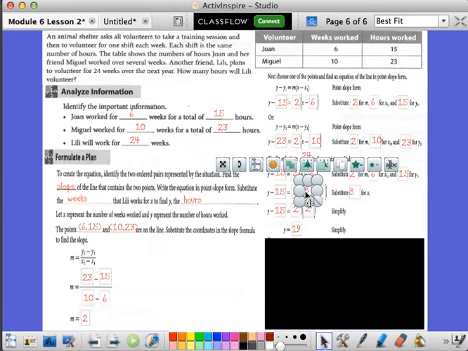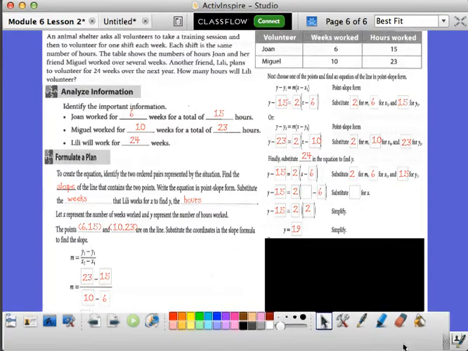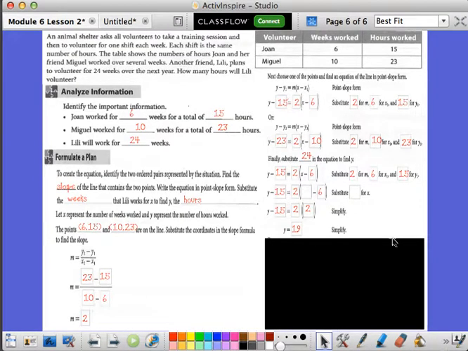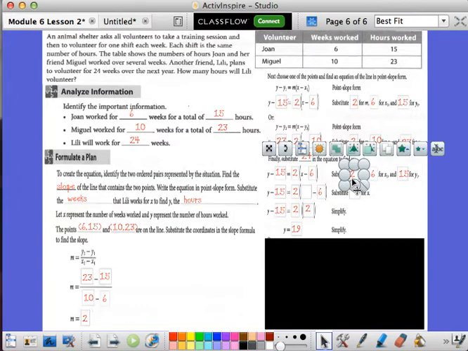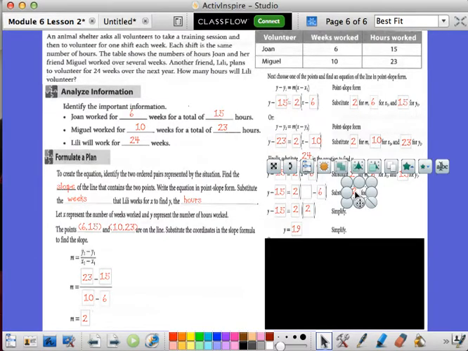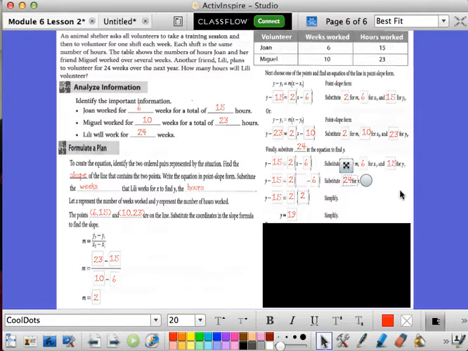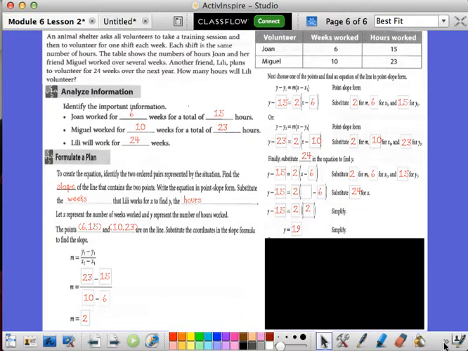And then here, I was still thinking of the second problem. No wonder I got myself so confused. Here I'm going to plug in 24. Okay, so now I keep my equation the same, but now that second x, I'm actually going to substitute 24 and not 2. There we go.